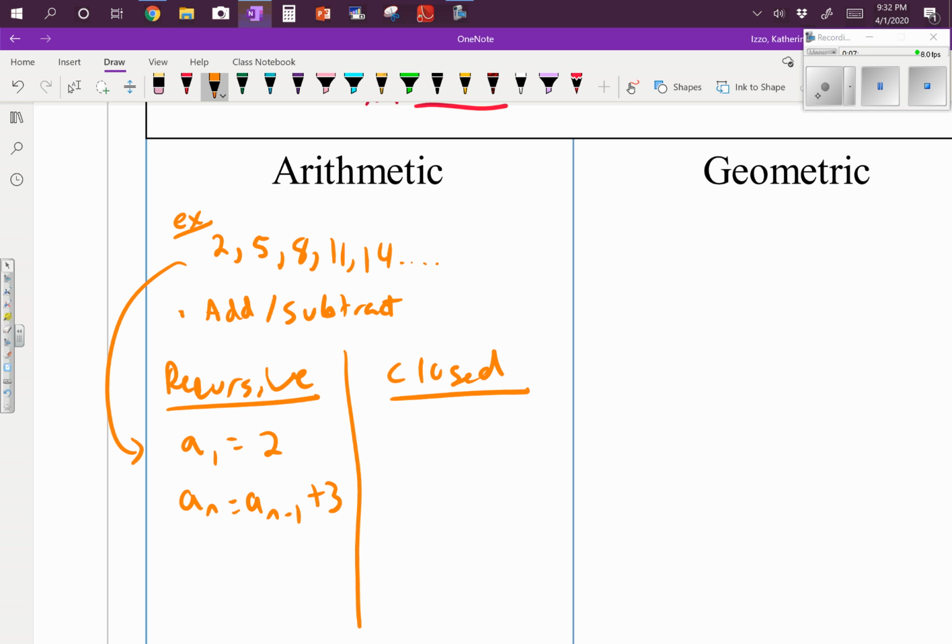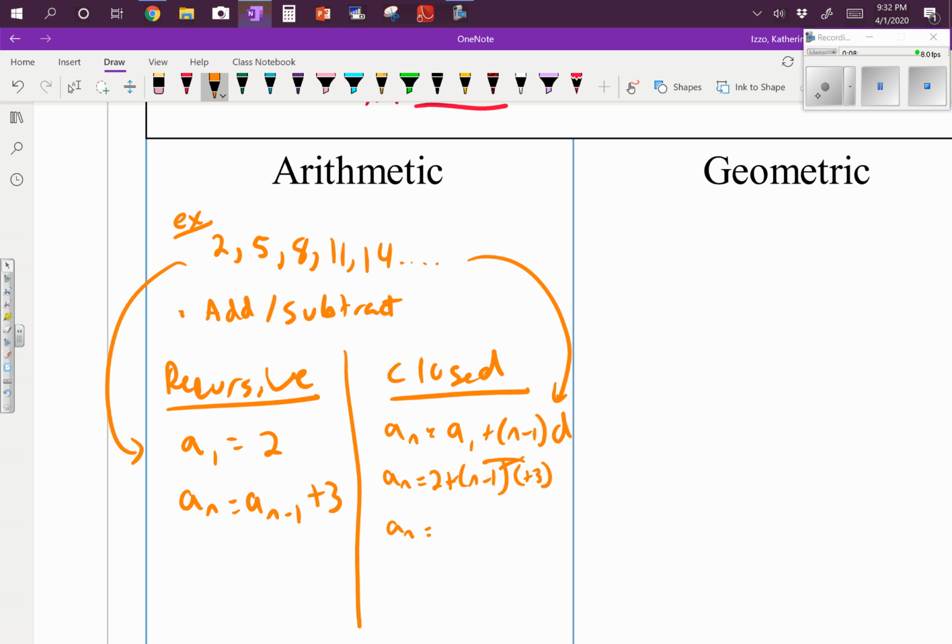The closed form is a_n equals a1 plus (n minus 1)d. So that's going to be a_n equals 2 plus (n minus 1), and then we're going to multiply that times the positive 3. Remember, for arithmetic ones, we have to distribute.